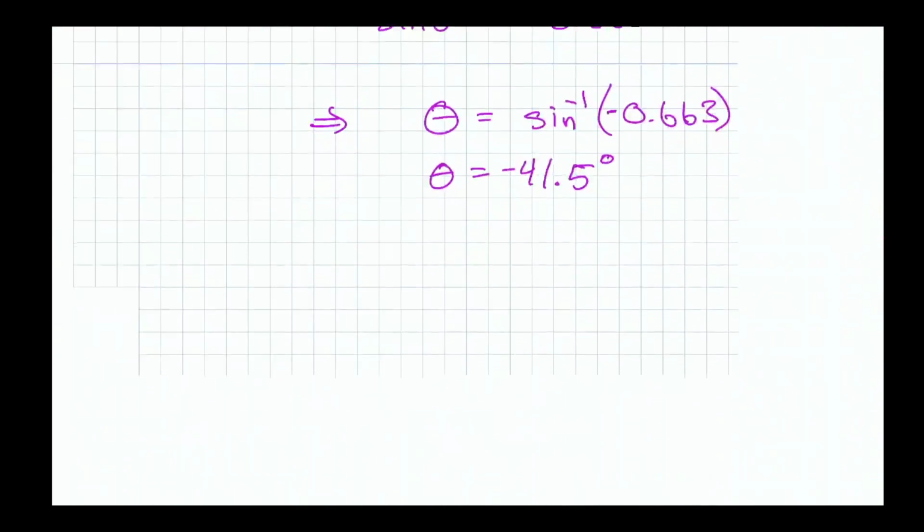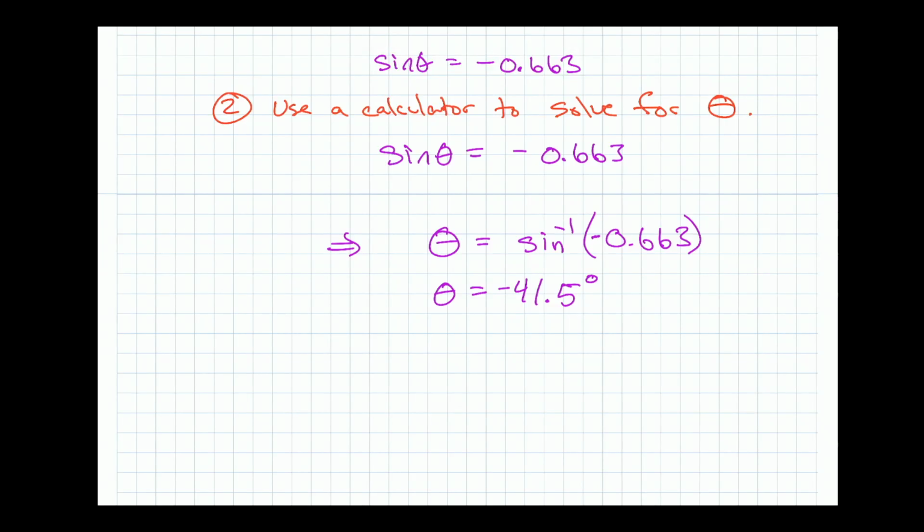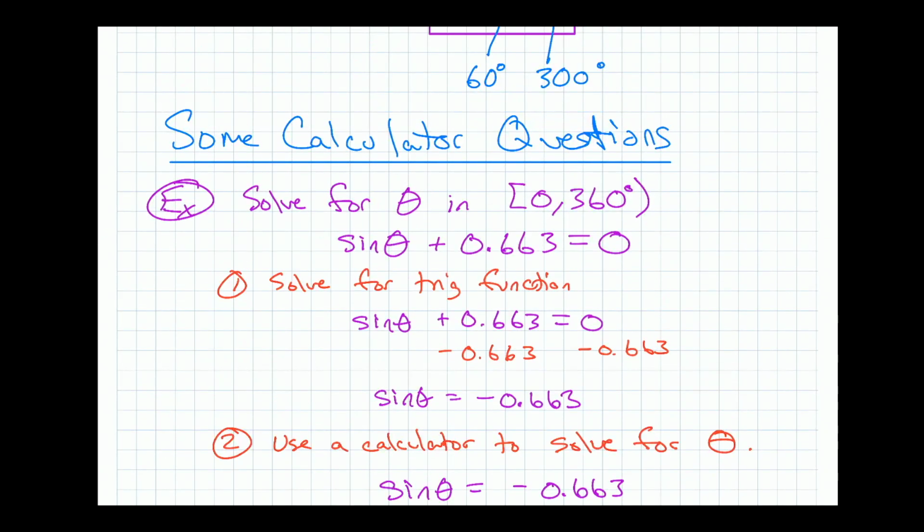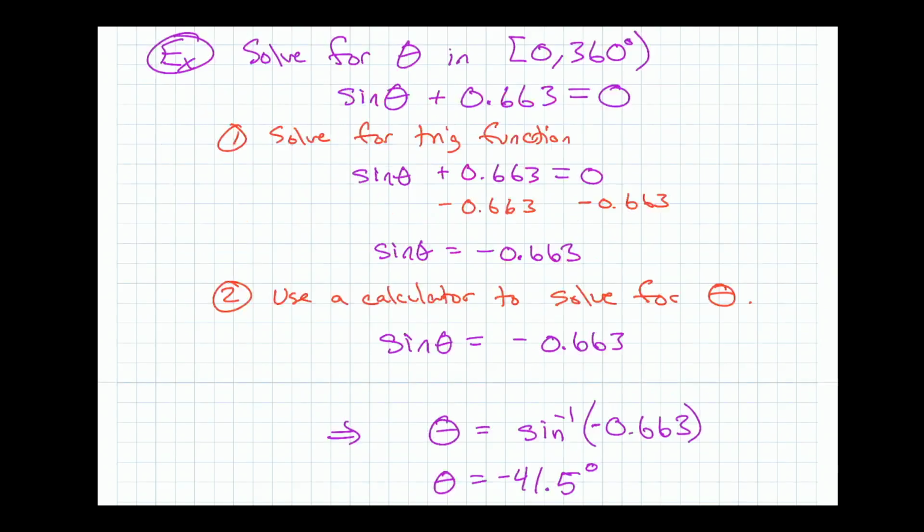That's not going to be your answer because, well, first of all, there's going to be two answers. We've seen that, right? There's going to be two answers, not one. And also, negative 41.5 is not in between 0 and 360. So we've got multiple problems here that we have to fix. And it's not impossible, right?